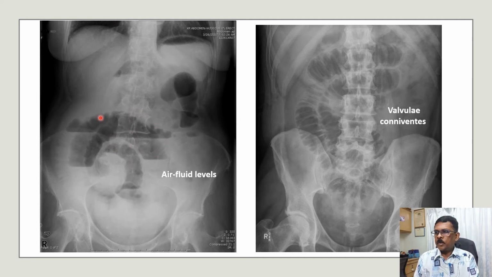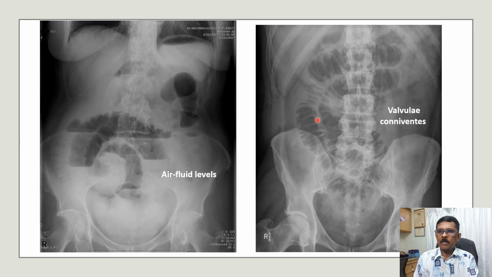Okay, here, see the loops of small bowel occupy the center of the abdomen. Here you see the valvulae conniventes, which are diagnostic of distended small intestine. And you see it goes from wall to wall.